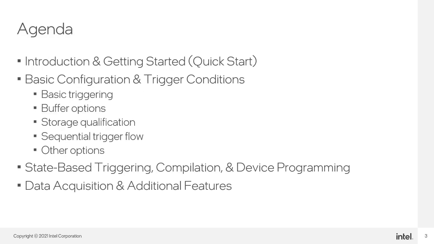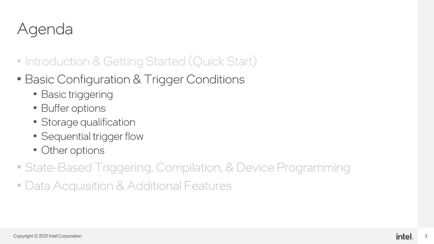Here is the agenda for this 4-part training. In Part 1, you got an introduction to the Signal Tap Embedded Logic Analyzer, including a quick start guide for implementing and using the logic analyzer. Here in Part 2, we'll expand on what you learned in Part 1 and look at many of the configuration options available for the logic analyzer, including the many options for defining basic trigger conditions.